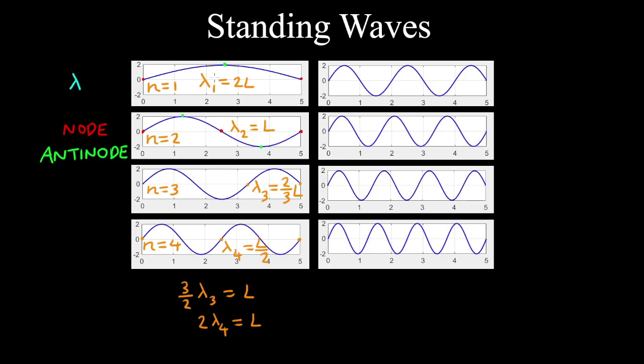But now we'll come up with a general wavelength to form standing waves with fixed-to-fixed boundary conditions. So considering lambda 1, we can write lambda 2 being equal to lambda 1, which is 2L on 2. And lambda 3 is equal to 2L on 3, or lambda 1 on 3.